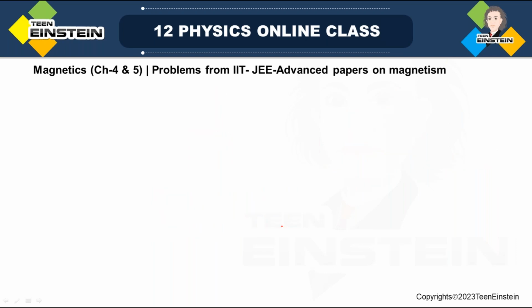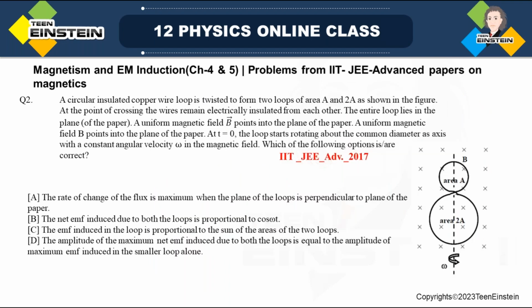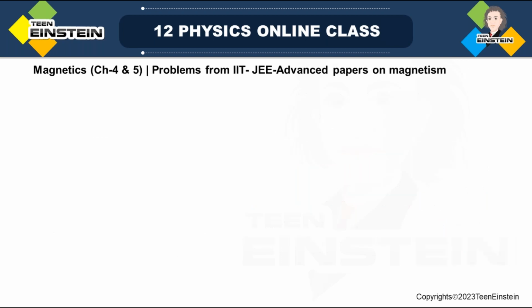Now we have to see this for both the loops. The first option is that the rate of change of the flux is maximum when the plane of the loop is perpendicular to the plane of the paper. We'll see whether it is true.